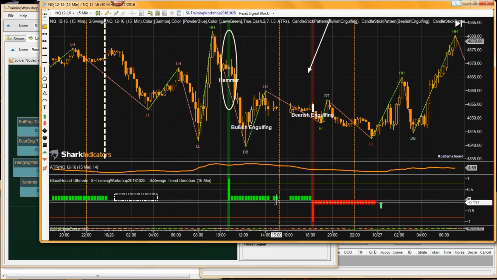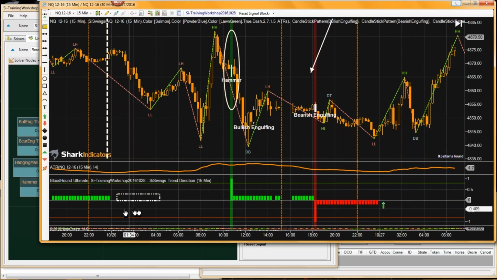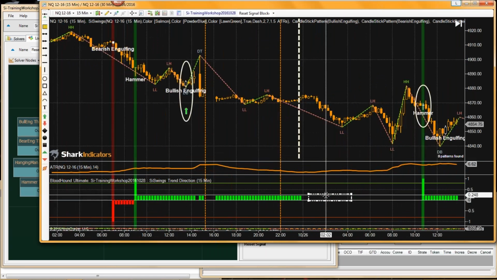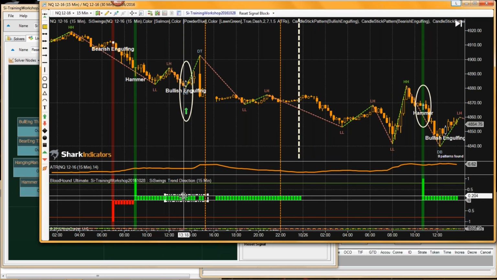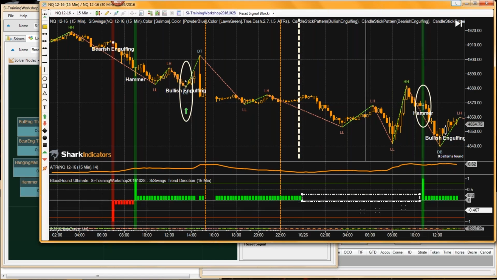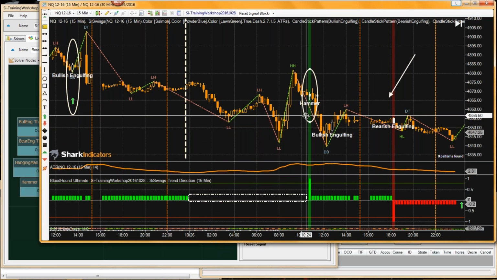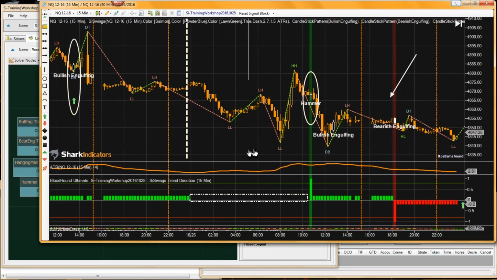And so now we can see a long signal comes in. The signal blocker is blocking long signals until we get to the first bar of the new day. And we can see the signal blocking now turns off. There's no signal blocking there. And then therefore we can get the first signal of the new day coming in, regardless if it's a long or short.